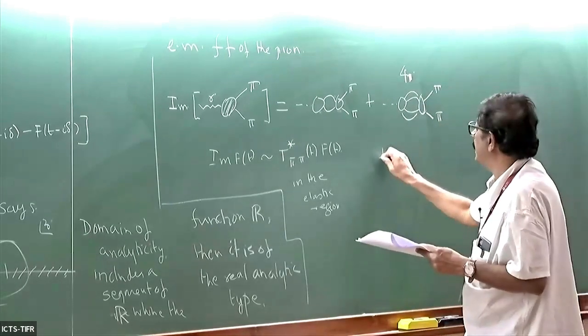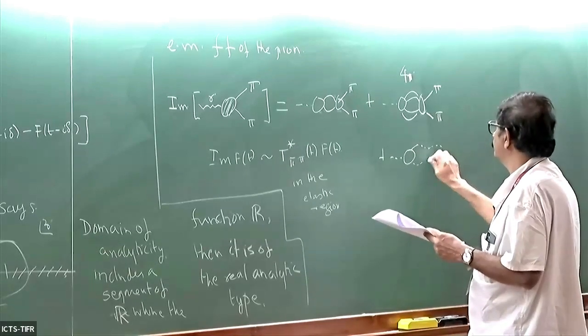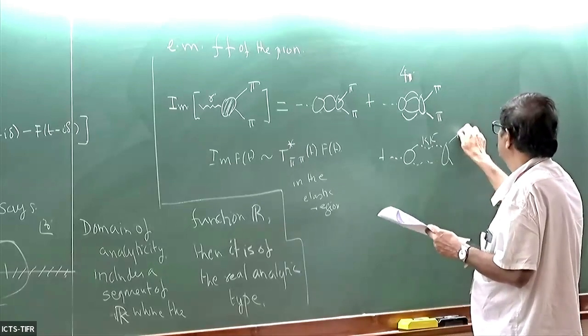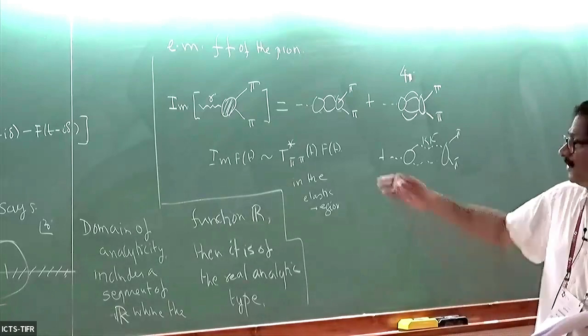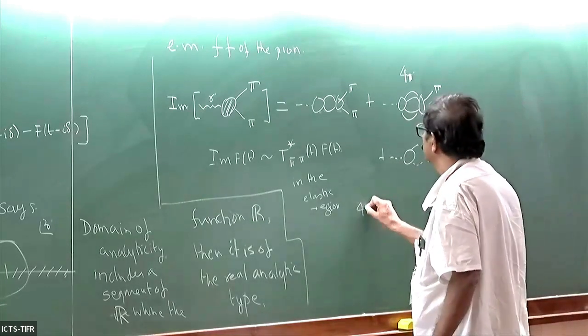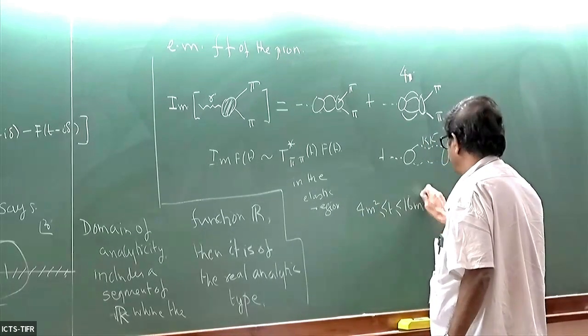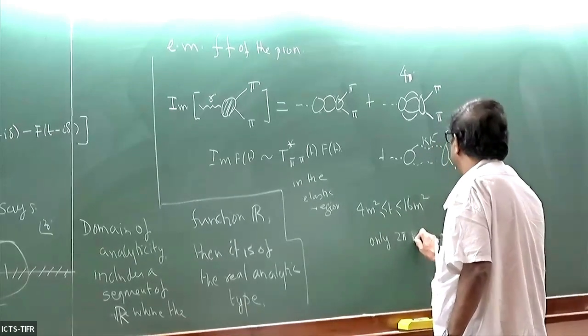You can also have K K bar intermediate state like this, pi. All these are allowed provided your energy is high enough. But in the region 4m squared less than or equal to t less than or equal to 16m squared, only 2 pion intermediate state is allowed.